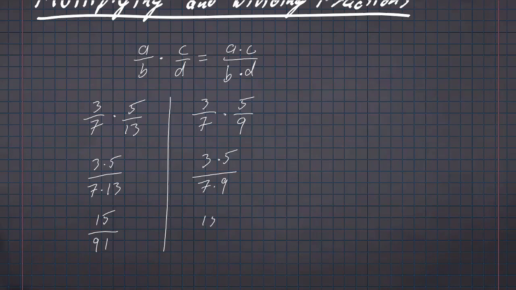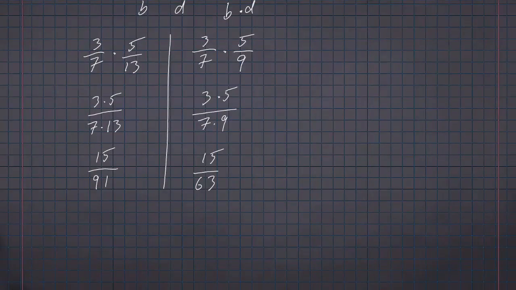We get 15 over 63. But then we have to realize that 15 over 63 is a fraction that can be reduced because 15 divided by 3 and 63 divided by 3 work out evenly. This is 5 over 21.